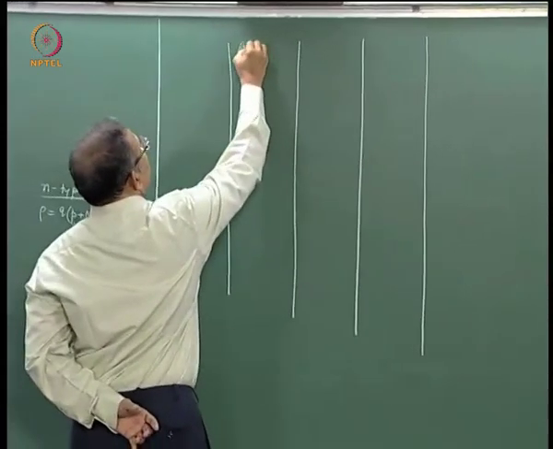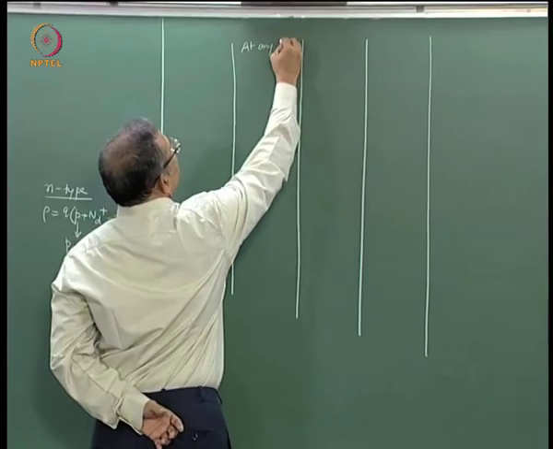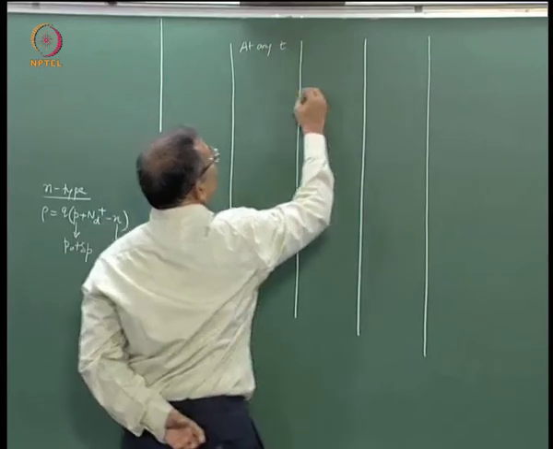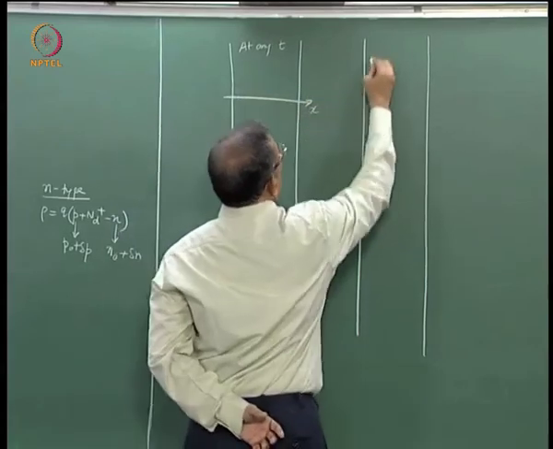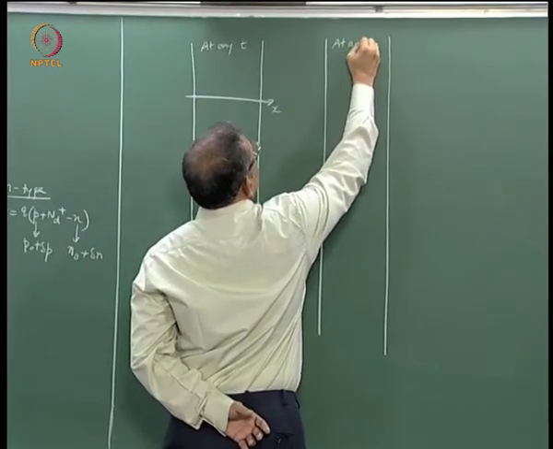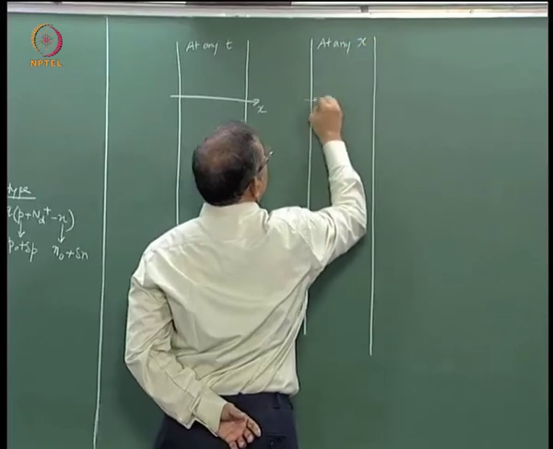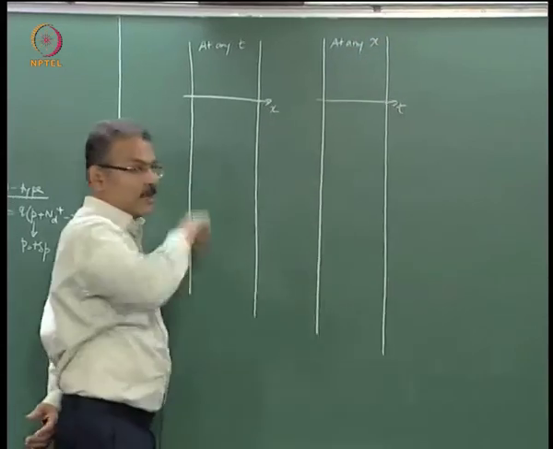So, this is at any t as a function of x, and this is at any x as a function of t.